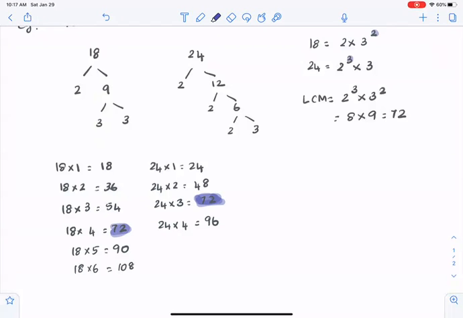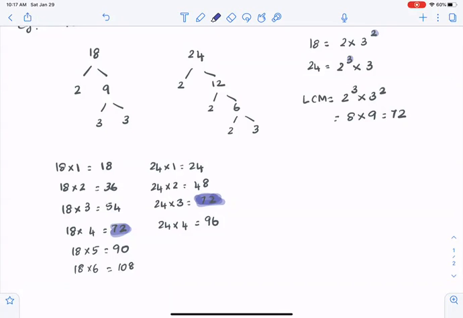So since 72 appears in the multiplication table of 18 and the multiplication table of 24, then the least common multiple has to be 72.